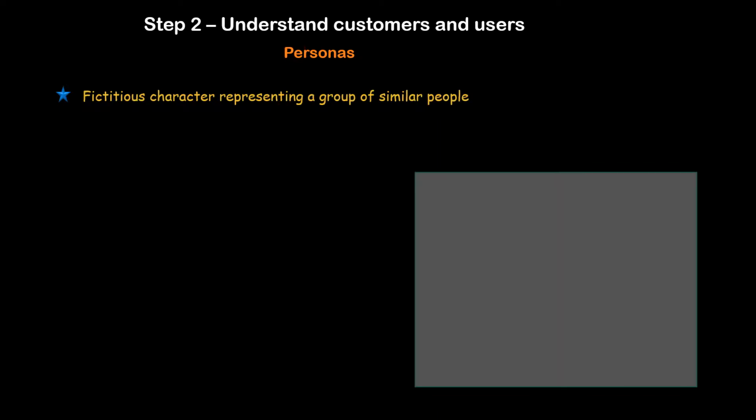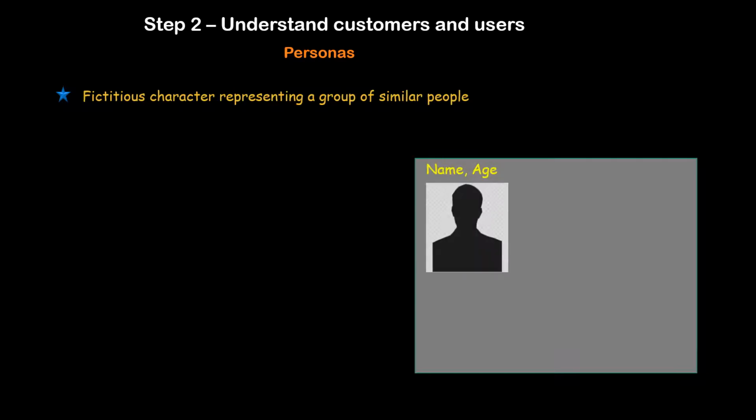The answer to all this is to use personas. A persona is a fictitious character that represents a specific group of real users. A persona has a name, picture, and other details that make us instantly connect as if it's a real human being.